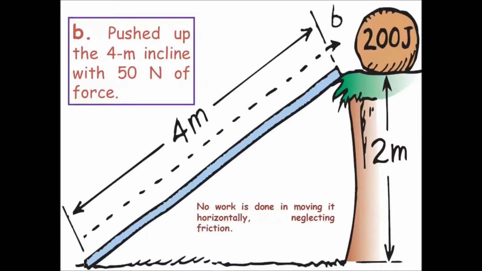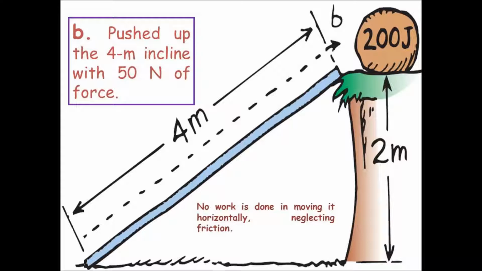Here I have, I say B here because this really refers back to another particular problem. But anyway, I have 200 joules. I take a 100 Newton rock and I move it 2 meters.